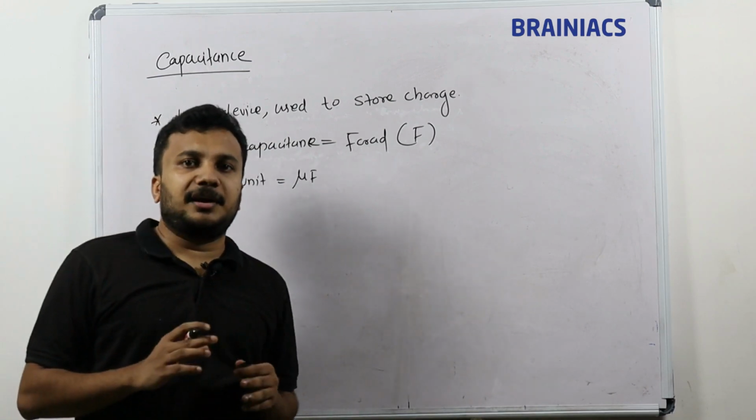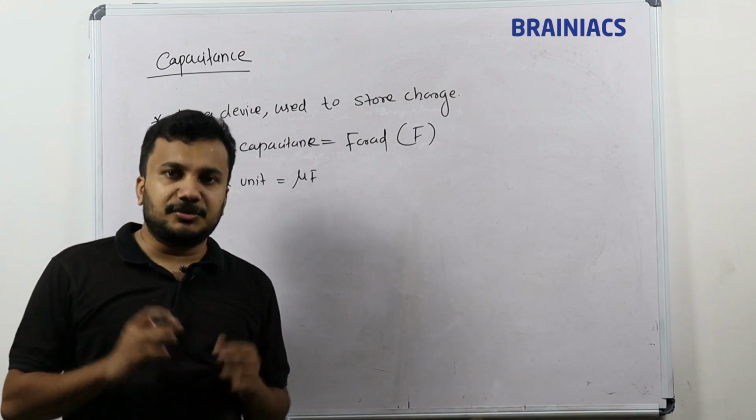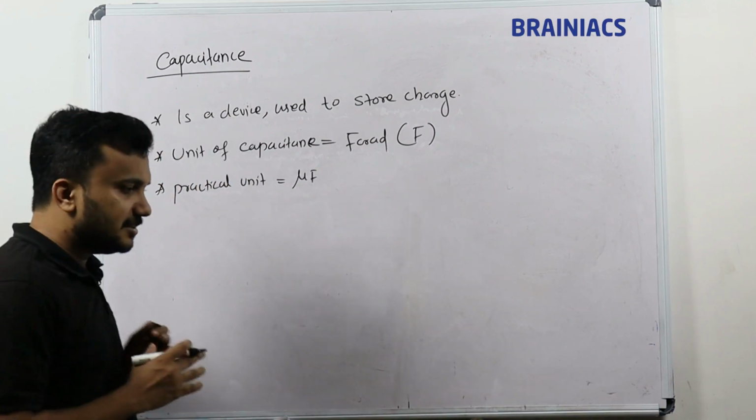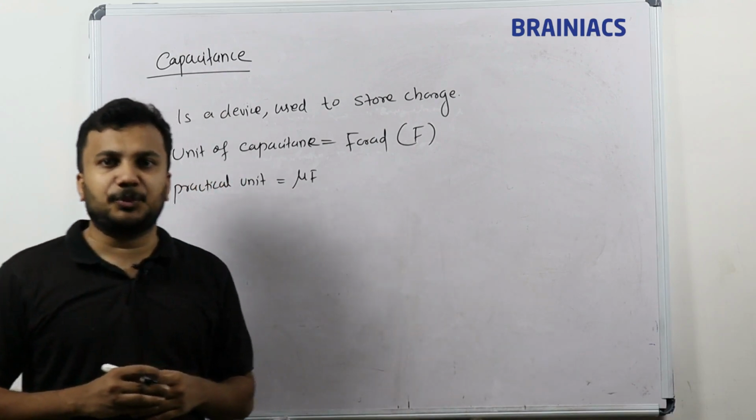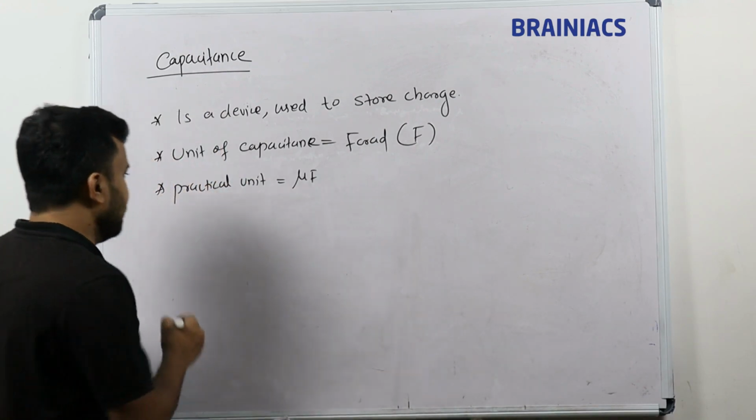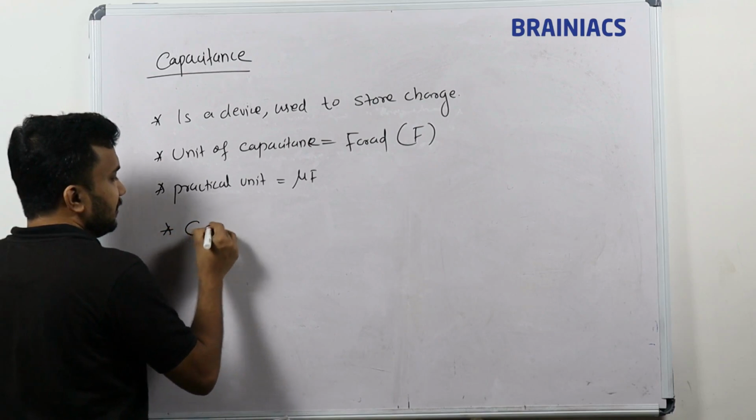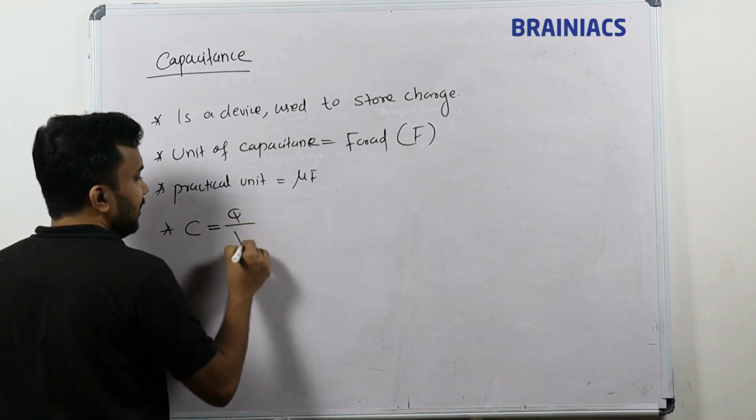Now we need to derive the equations for capacitance. Capacitance is similar to our resistance; the equation is more or less similar. Capacitance of a conductor C is equal to charge divided by voltage.